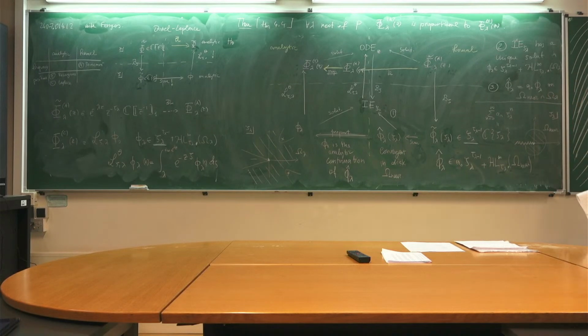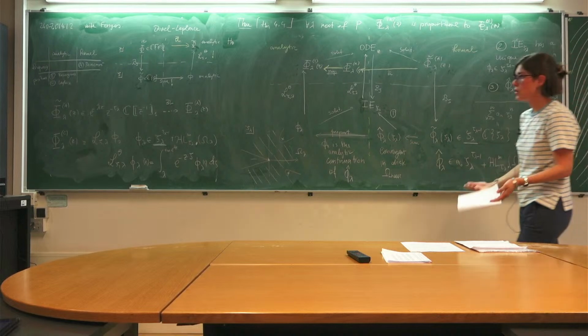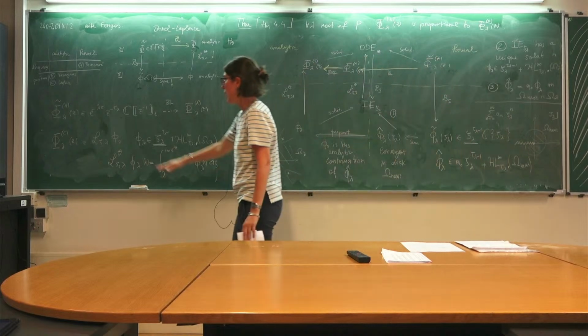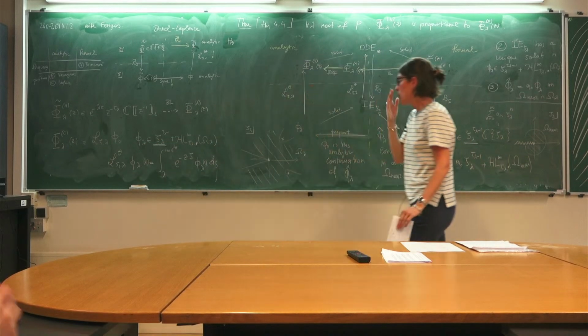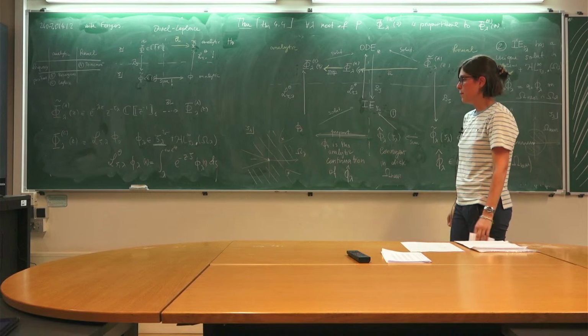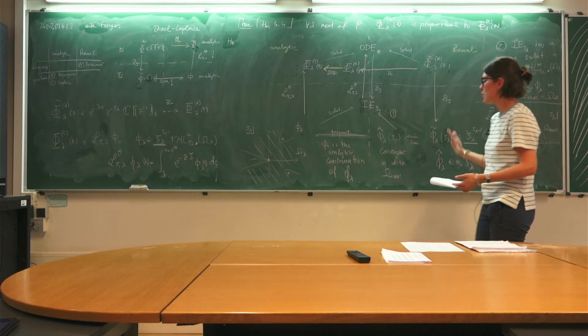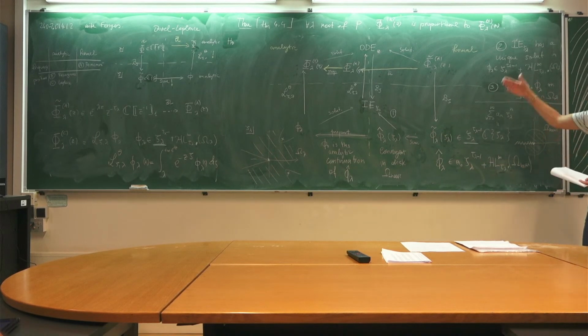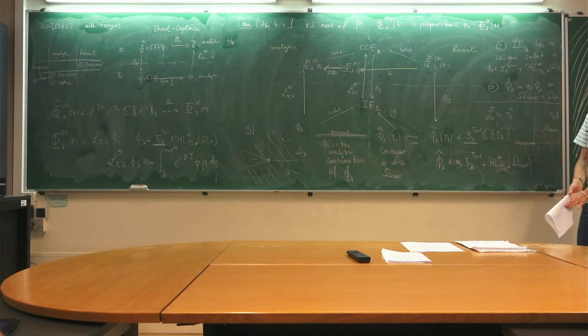Okay, so the whole point of building the solution phi lambda the way we did was precisely to be sure, a posteriori, to be able to close the diagram in the following way.